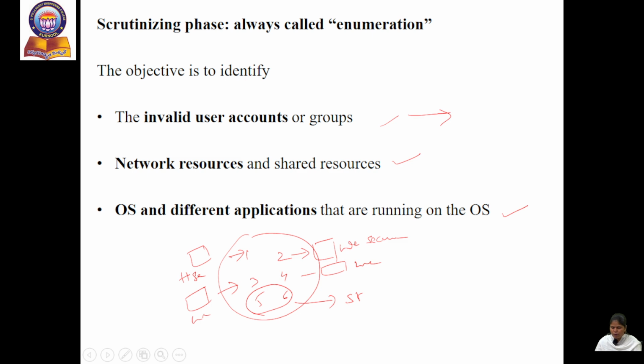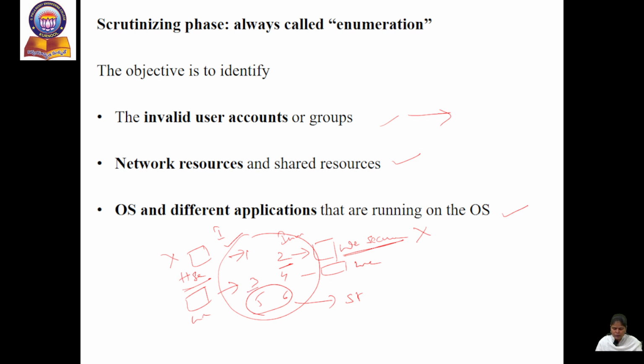Now, of all these, first he will go to invalid users or groups. He will check whether these people all have valid accounts or not. The first may have an invalid account, but as it is highly secured, he will ignore the first person. The second person may be an invalid user, and coming to the network resources, it is weakly secured, so he will ignore this particular person.